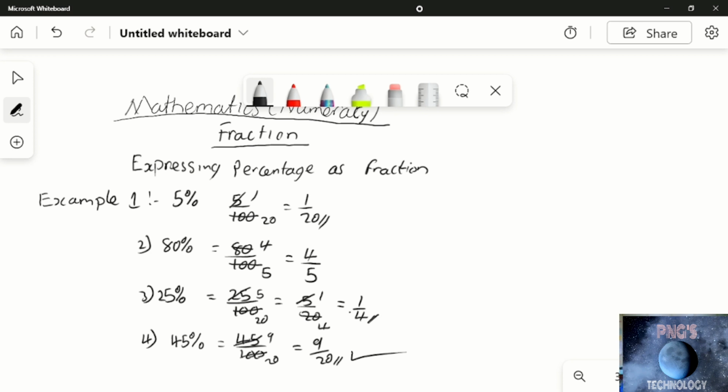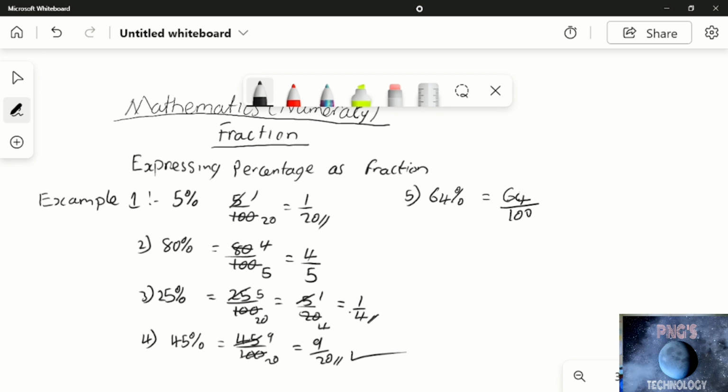Alright, so let's take another example. Example 5. Let's assume we're given 64%. So we'll say this will be what? 64 over 100. So 64 over 100.